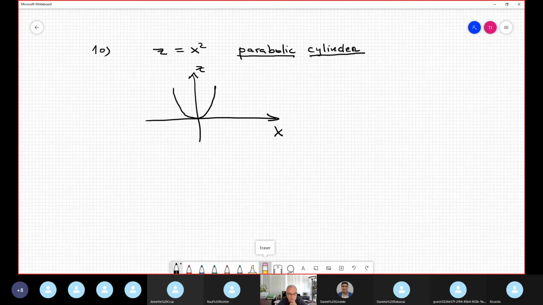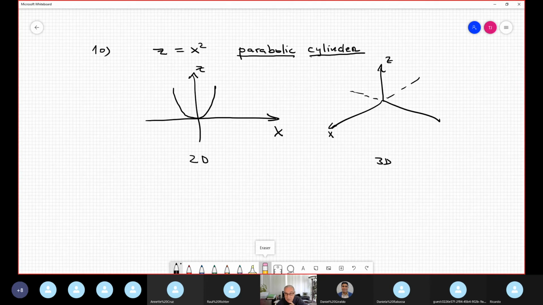It opens up, right? But that is the 2D picture. In the 3D picture, Ricardo, this is X, this is C, and this is Y. We have this parabola. Let me use another color. It's exactly the same as that.